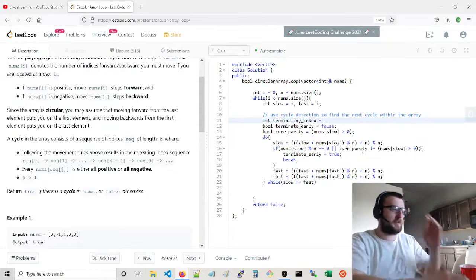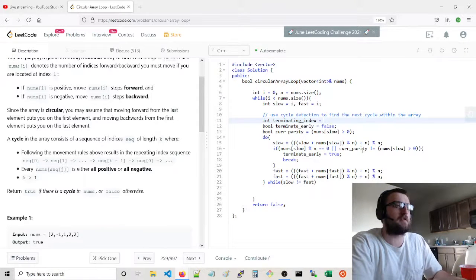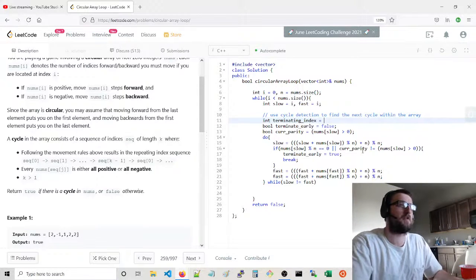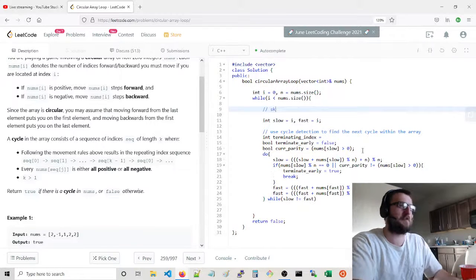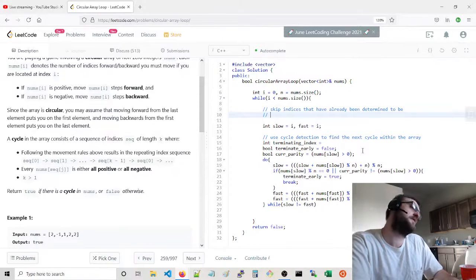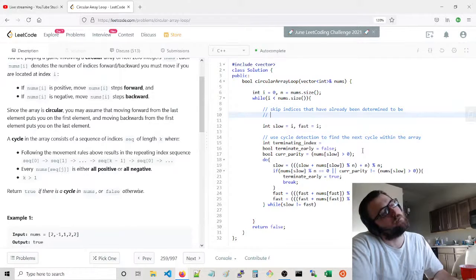And we're going to say skip indices that have already been ruled out.